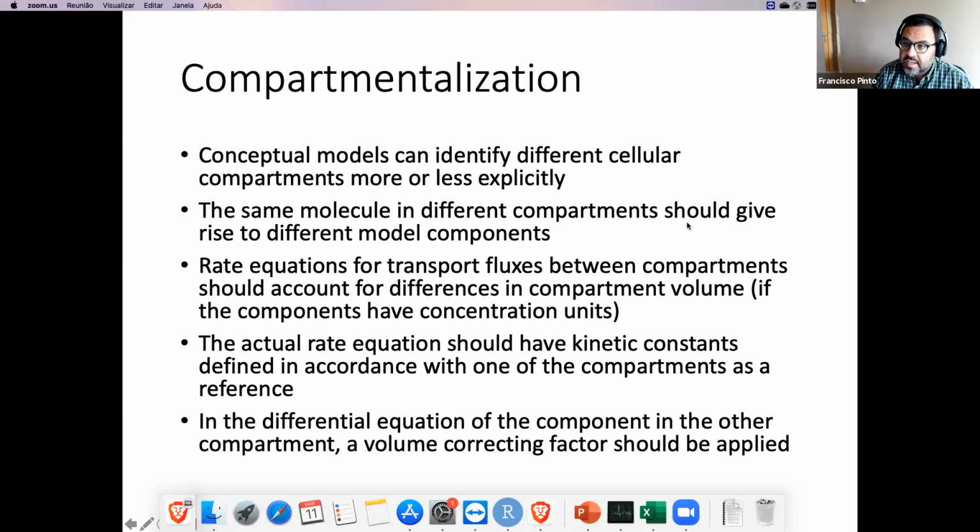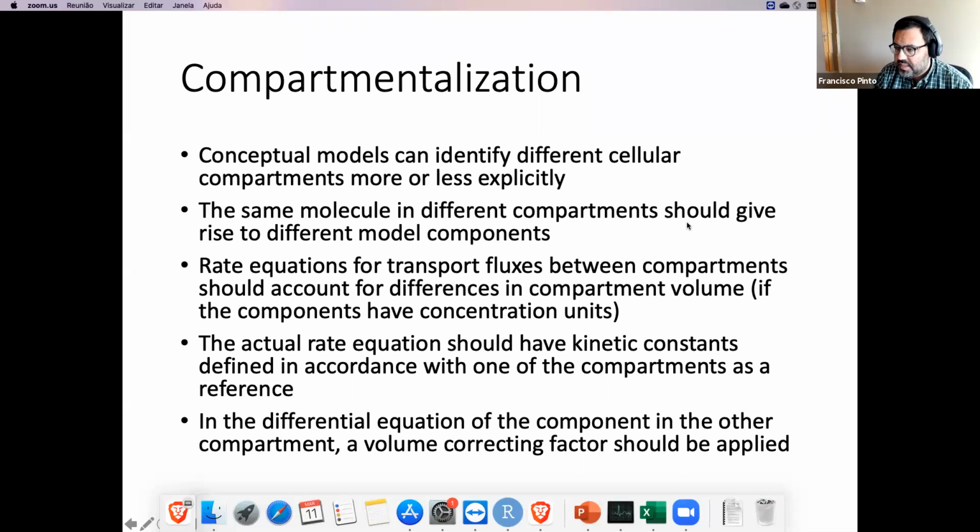And so if the same molecule exists in multiple compartments, that would mean that you have different variables in the model. So if protein A exists in the cytosol and in the nucleus, then you have to have in your model a differential equation for A cytosolic and a differential equation for A nuclear. And of course, you have processes that are the transport of A across the two compartments.